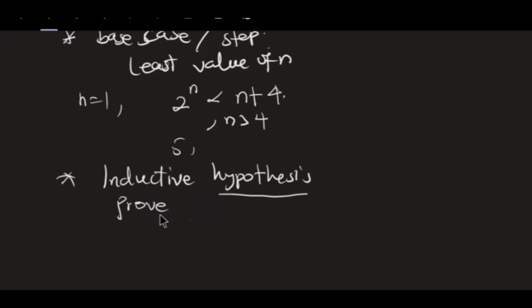So at this step of mathematical induction, what we do is we assume. Let me use the word assume because it's a hypothesis. We assume that the statement given is true for a particular natural number k.